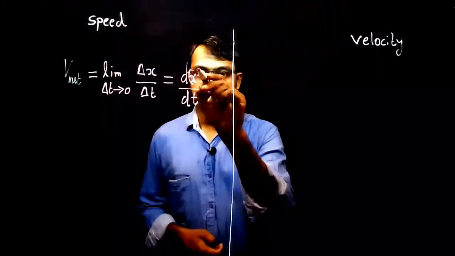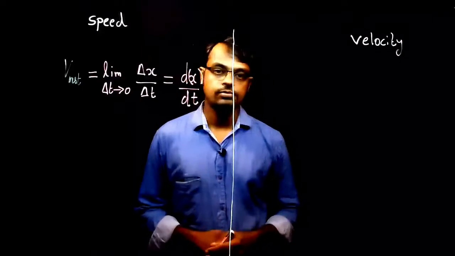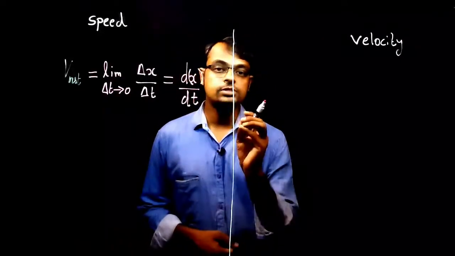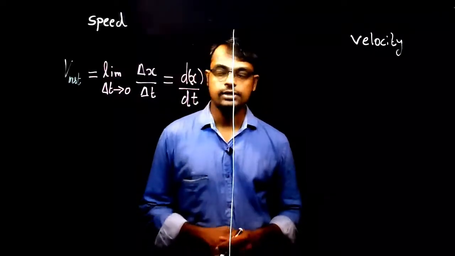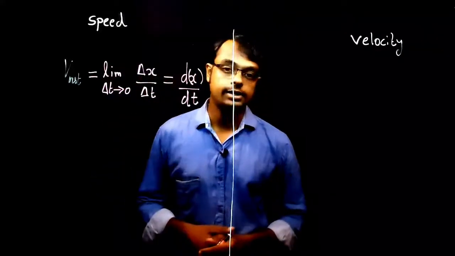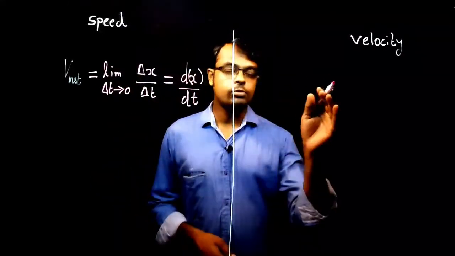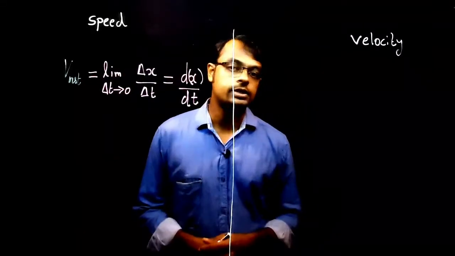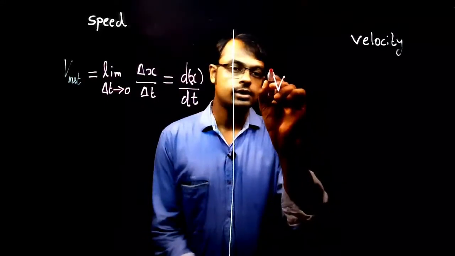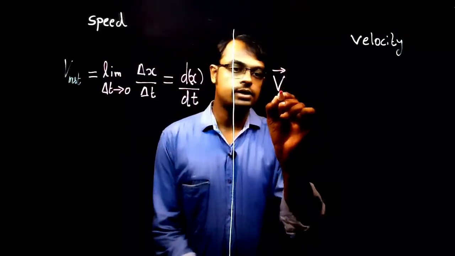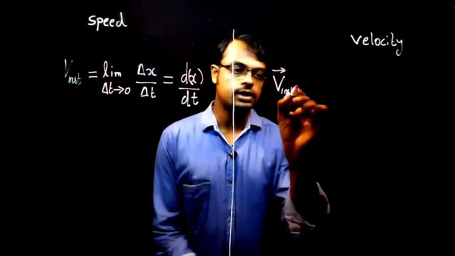So d by dt of x means the first derivative of distance covered, and that is called the instantaneous speed. Now if you discuss the instantaneous velocity, how can you write it? Definitely it is a vector quantity. We can write instantaneous velocity like this.